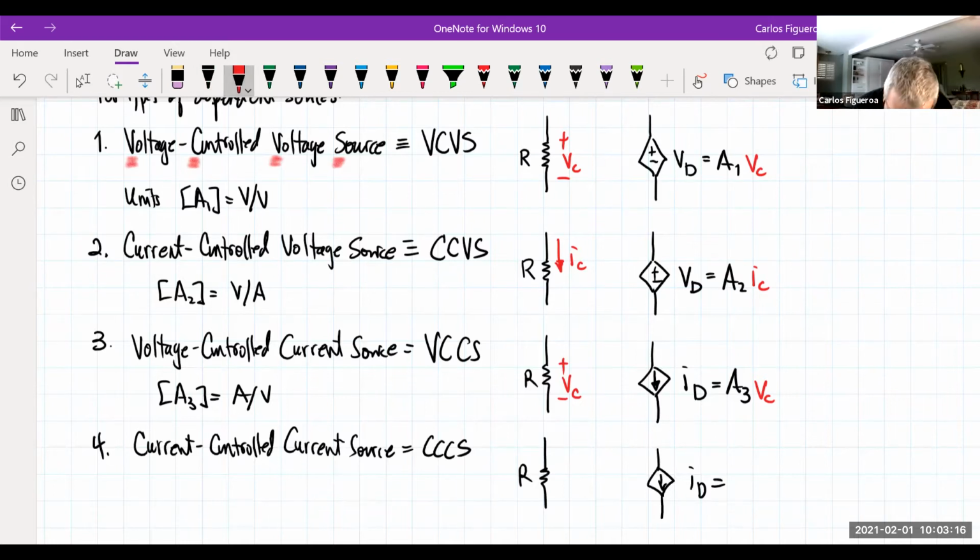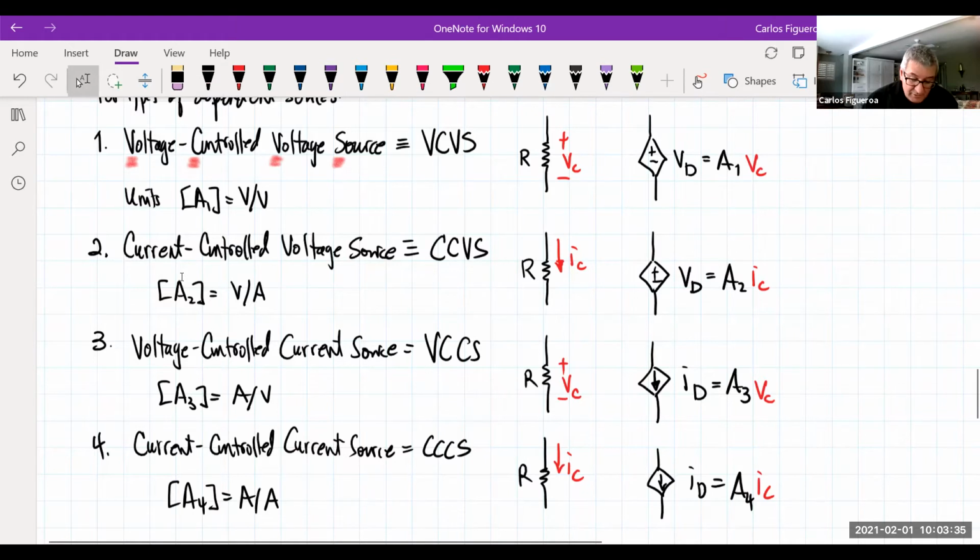Now this one is pulling off the current element. And when I look at this gain here, you can see that this gain has units of amps per amp. And that's what I mean by a dependent source. So those are the four types here.